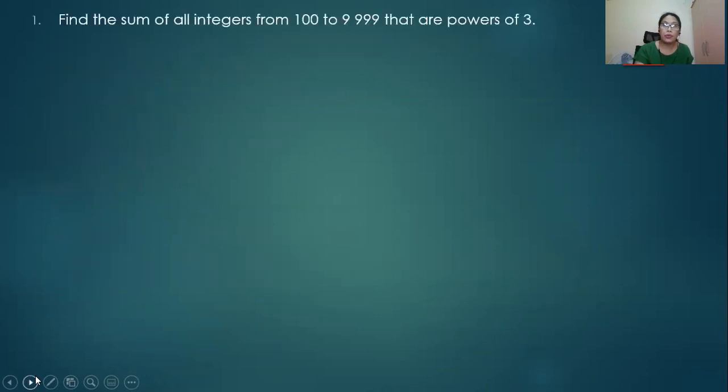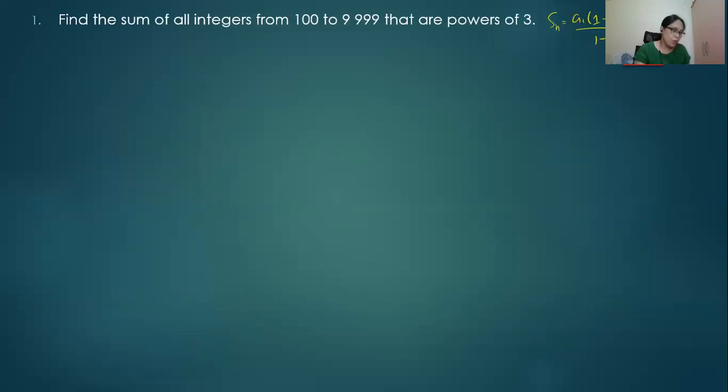So that's the formula that we're going to use for finite geometric series, for r not equal to 1.